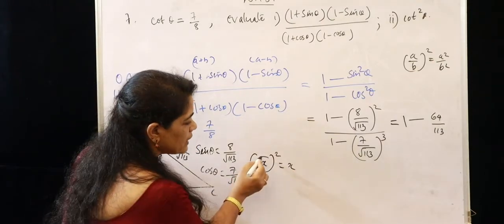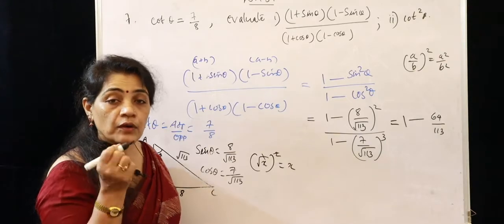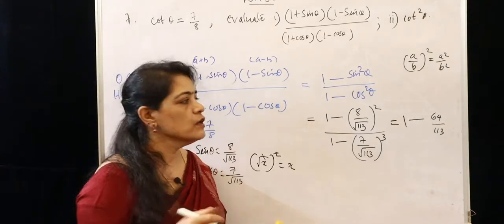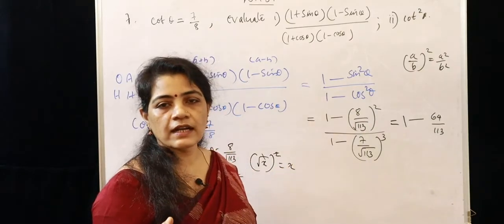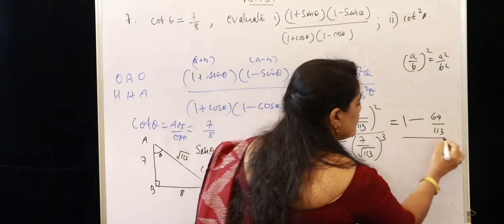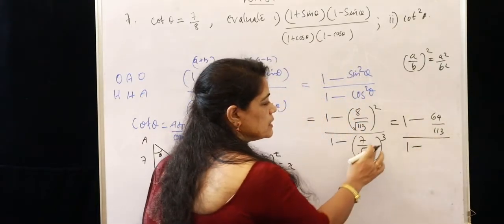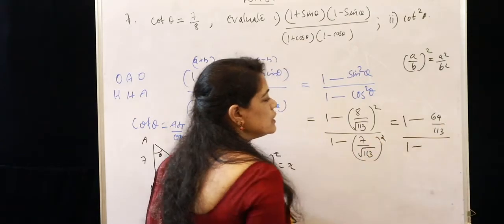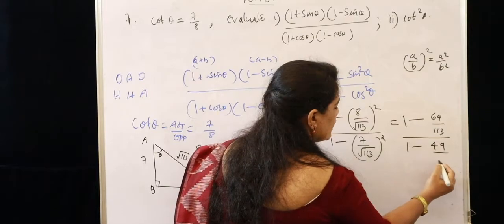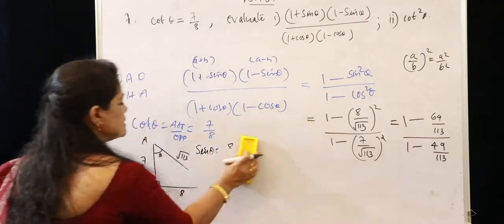The square root and square get cancelled. In order to remove the square root, you just square them. So the square of root 113 is simply 113, divided by 1 minus, the same we are applying here also, that is 7 square, 49, divided by 113. Hope the idea is clear, okay?